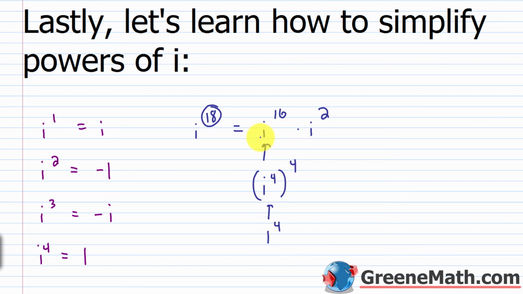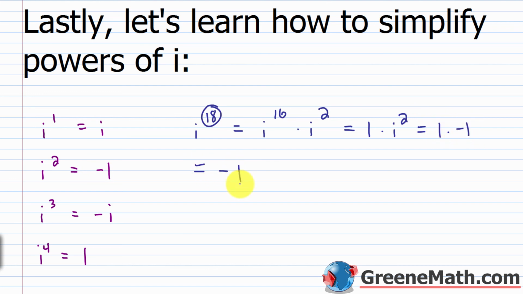So if you have i raised to a power that's divisible by 4, you can just replace it with 1. So this is basically 1 times i squared. Now, I've simplified this to the point where I can just look at my little chart here. I know i squared is negative 1, so this is 1 times negative 1, which is just negative 1.